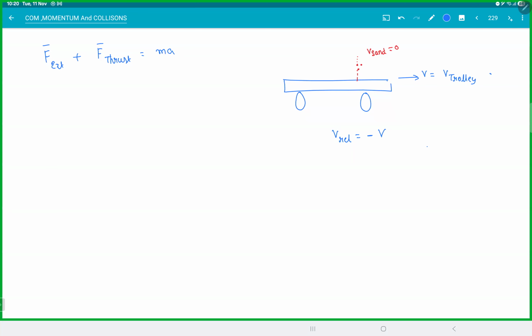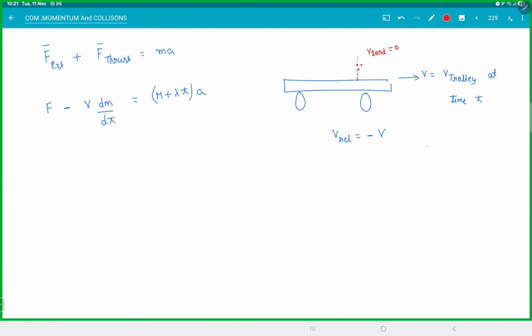So this is the V of the trolley at time t. Your F external will be F minus U relative, which is the opposite thing, which is minus V dm by dt, is equal to m into a, where m will be m plus lambda t. That's the catch.